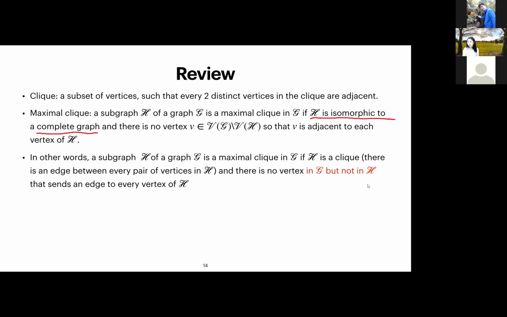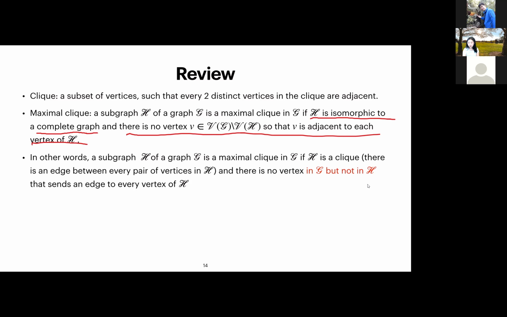This is a clique, and this is a maximum clique. Okay, because there are no other nodes within G but not in H such that that node is adjacent to each vertex in H.